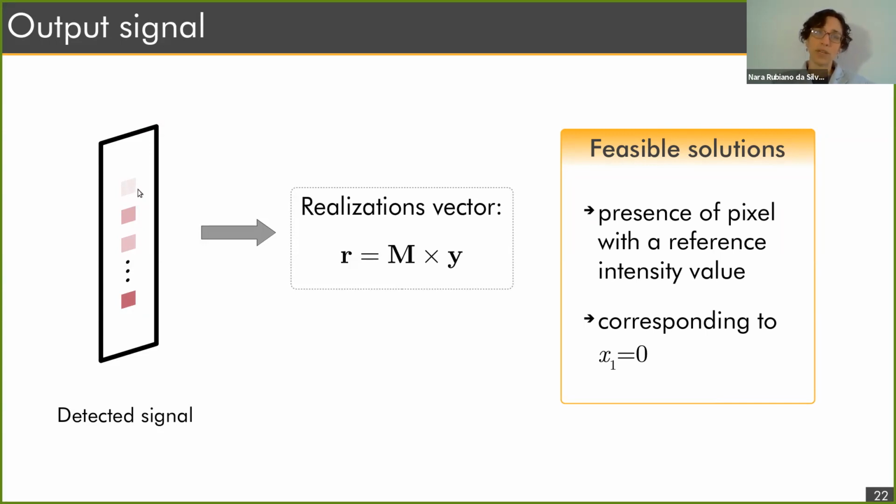If any of these pixels has the intensity comparable with the reference intensity value corresponding to the position of the first vertex, then fine, we have feasible solutions. If not, if we don't find any pixel with this reference value in the end, then this means that our DGP instance has no feasible solution.